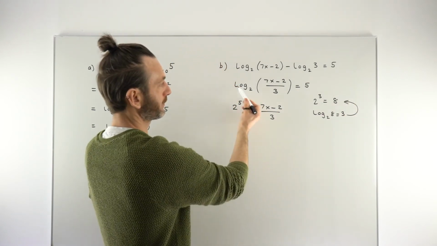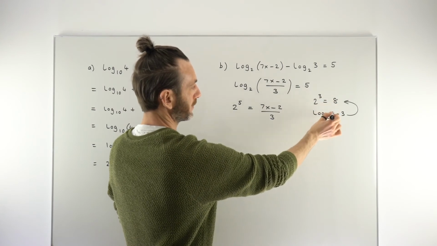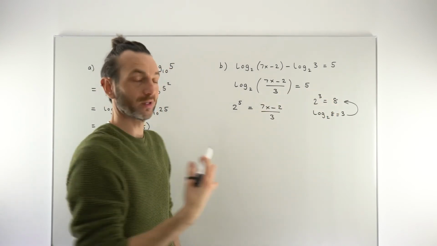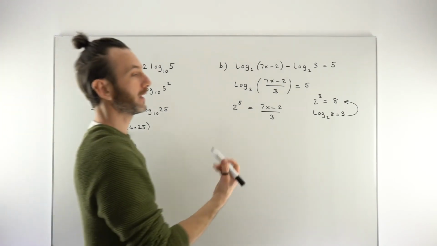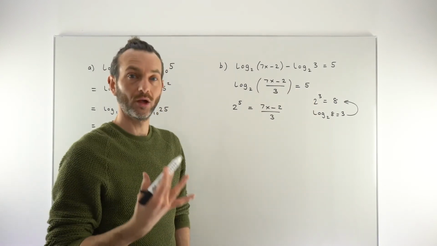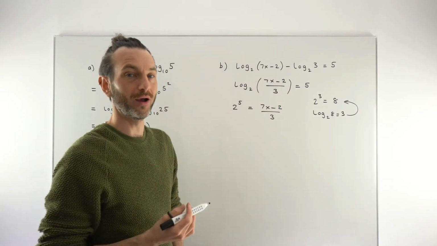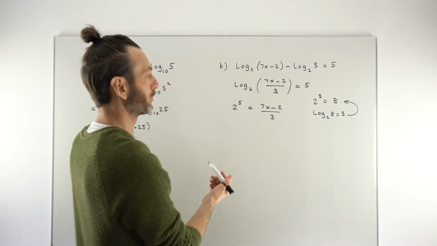And in the same way, we've turned this into that. So the move from there to there, and the move from there to there, are just the same thing. That's really just something you need to learn how to do. Or like I say, there's another method where you introduce the log on the right-hand side, make it log to base 2 of 2 to the power of 5, but you would end up with 2 to the power of 5 anyway. So it doesn't really matter which way you do it.